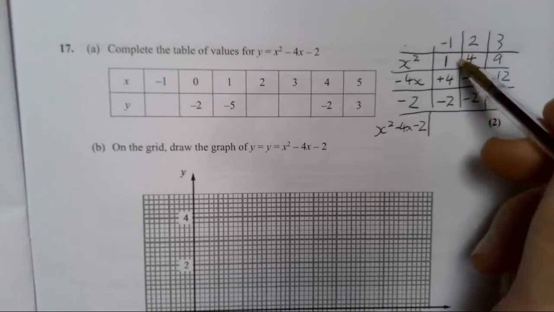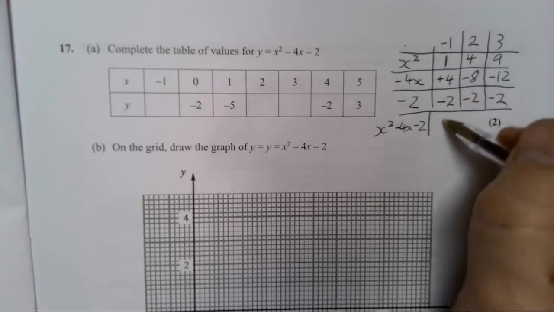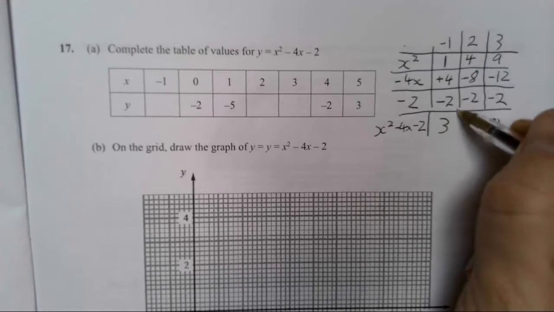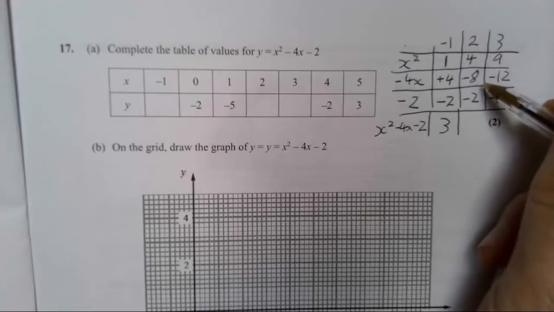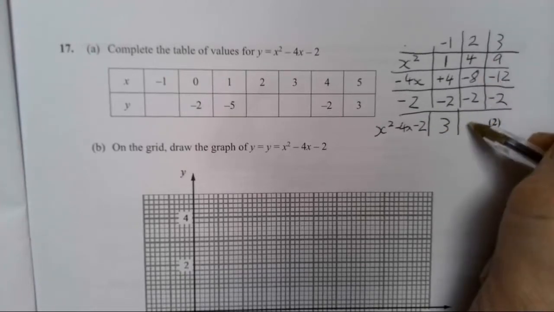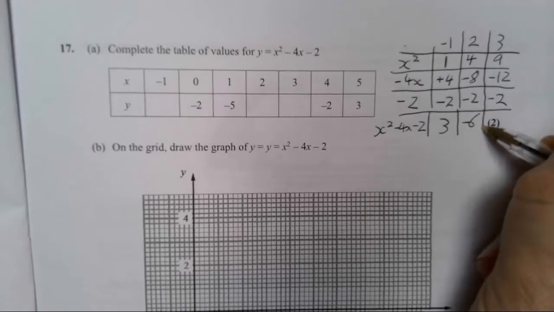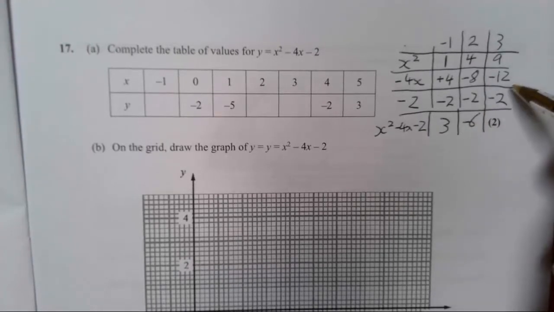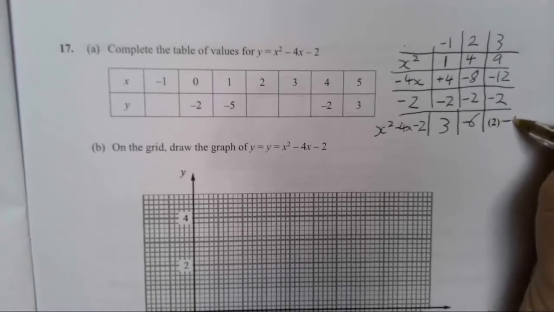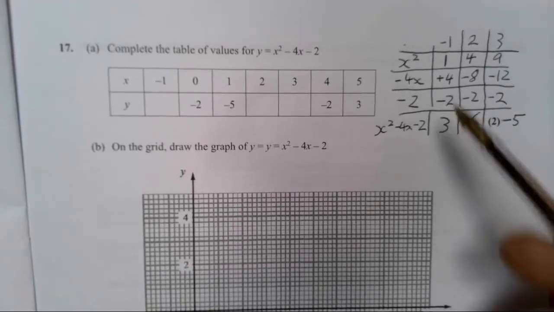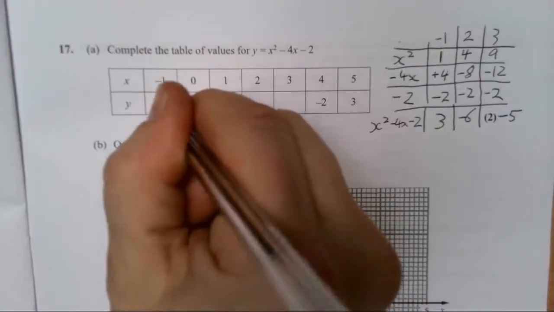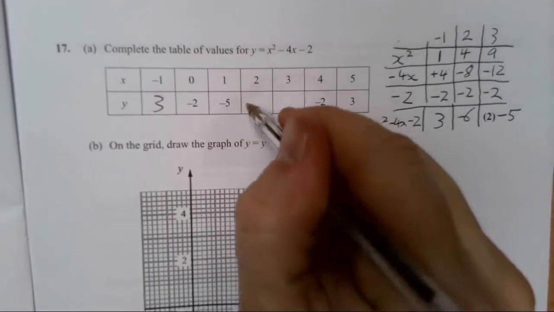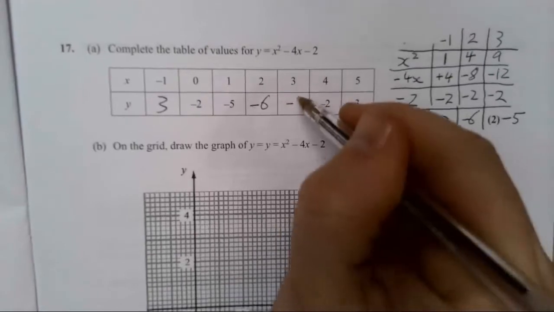So that comes in at 1 plus 4 is 5, take away 2 is 3. 4, take away 8 is minus 4, take away another 2 is minus 6. And 9, take away 12 is minus 3, take away another 2 is minus 5. So I should have 3 there, minus 6 here, and minus 5 here.